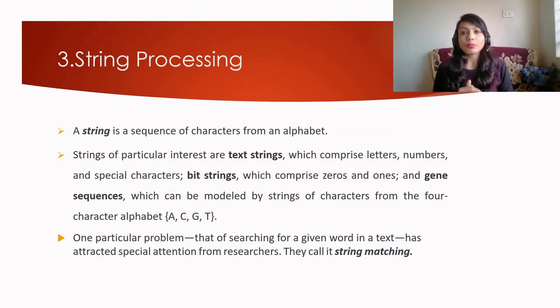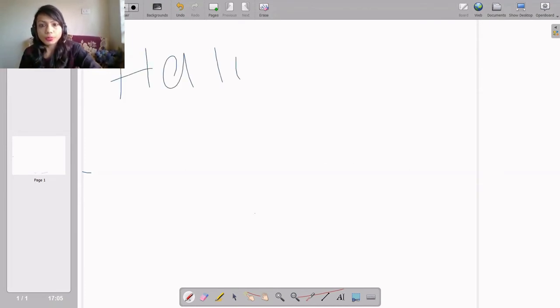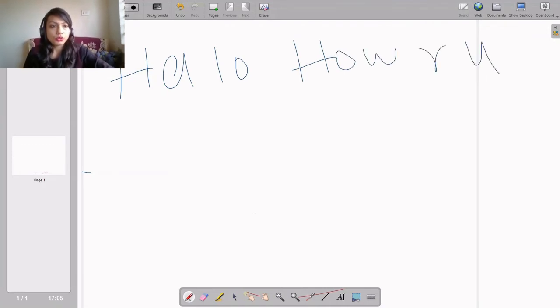And one very important problem in string processing is string matching. Now let us see what this string matching is. Given one string, "hello, how are you?", what can we match? One string can be given to match, for example, "how".